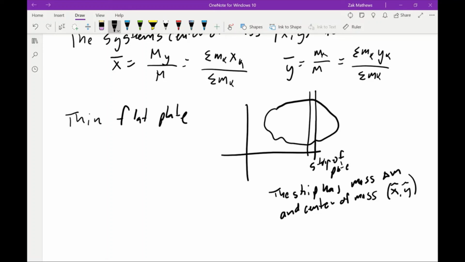And so somewhere on this strip there is going to be a center of mass, depending on how it's aligned. That strip will have its own center of mass based on how much mass is in that, the delta M.